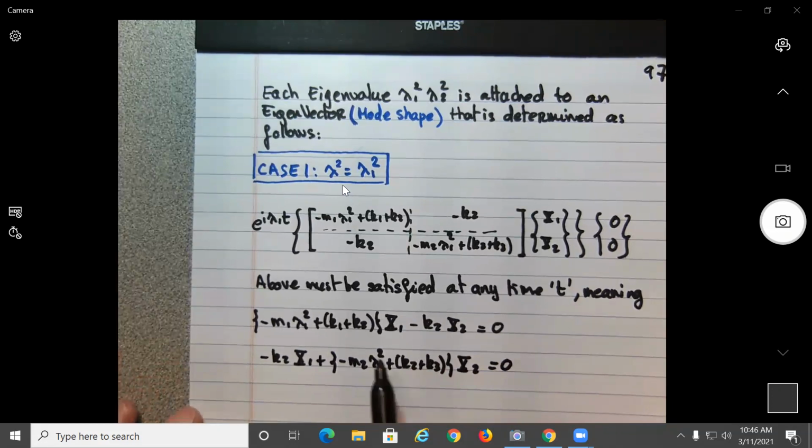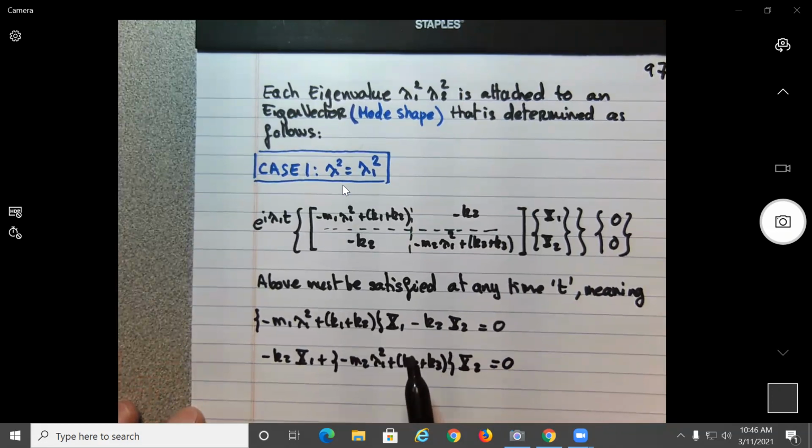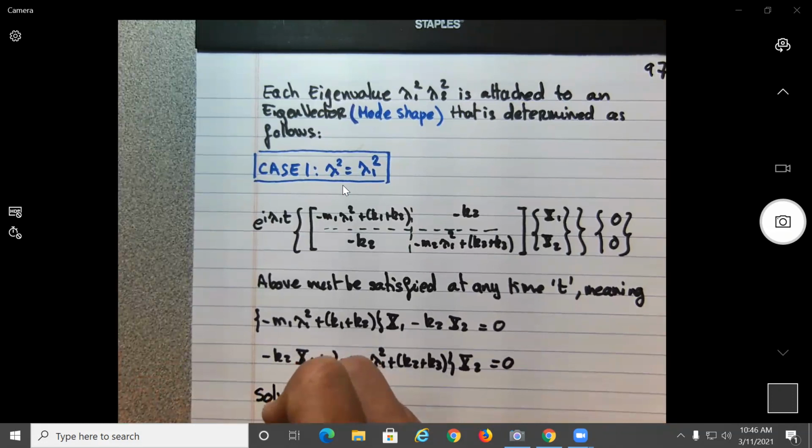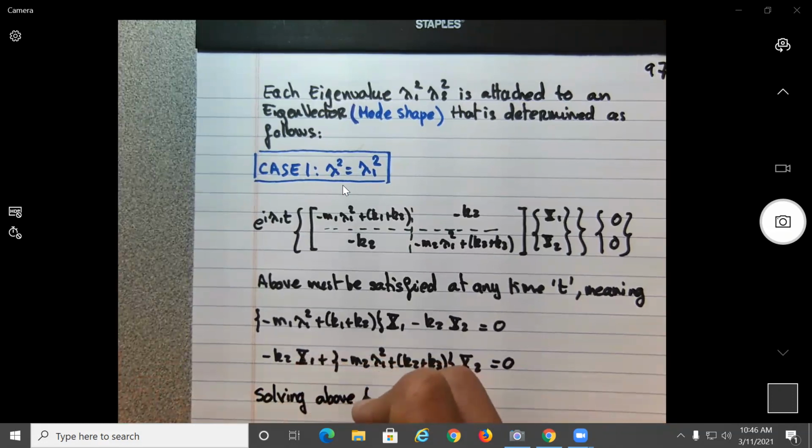So if you solve either one of these equations, or if you solve both of them, about two equations, but not together, I'm going to add here individually.